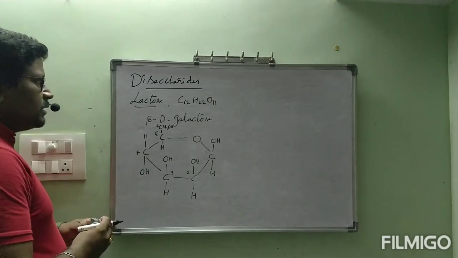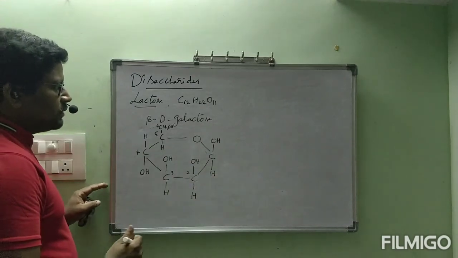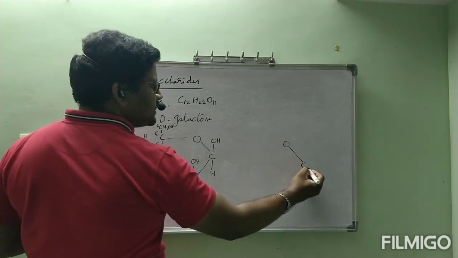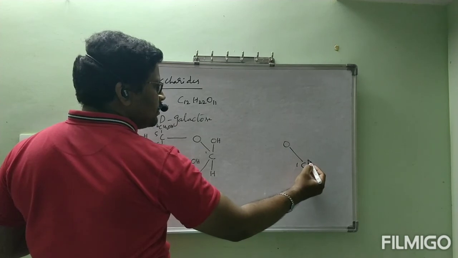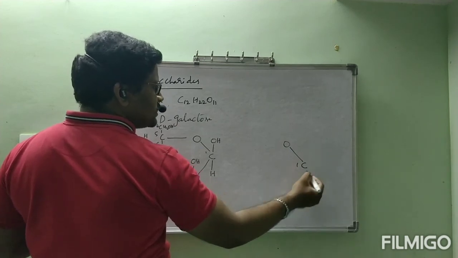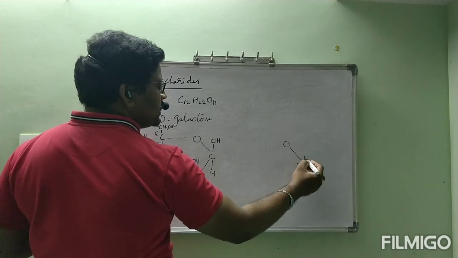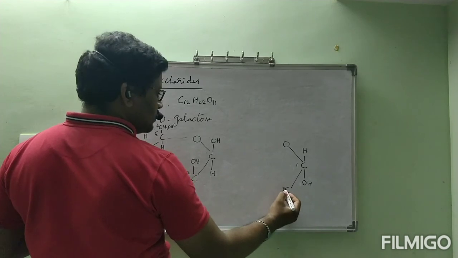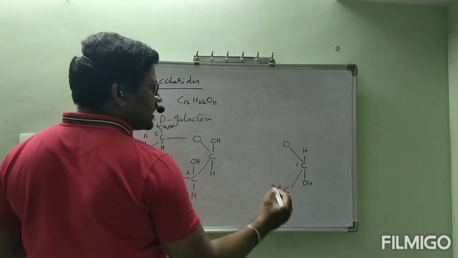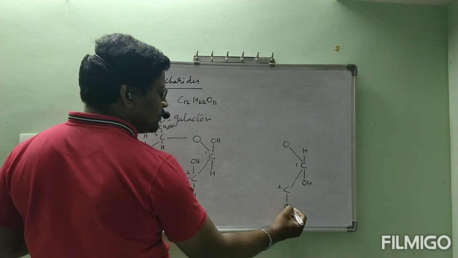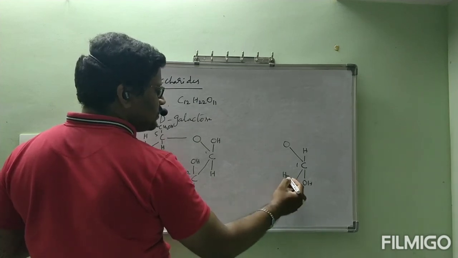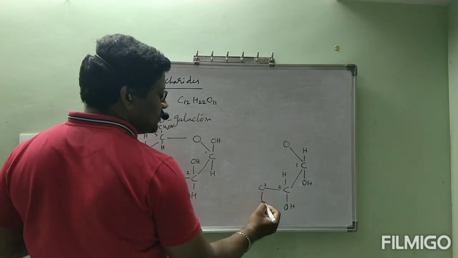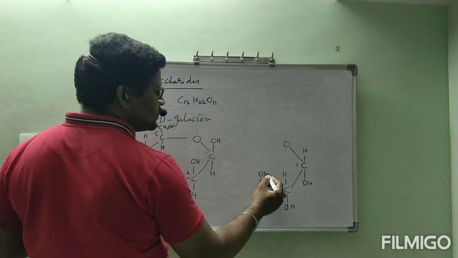Beta D galactose, and what is the other monomer? Alpha D glucose. Alpha D glucose means oxygen, right side C1. C1 alpha means getting down, OH down, H will be above. Next, C1 is bonded to C2. Second carbon right side OH, it is coming down, and this is H. C3, third carbon, right side H, so it is getting down, this is OH.